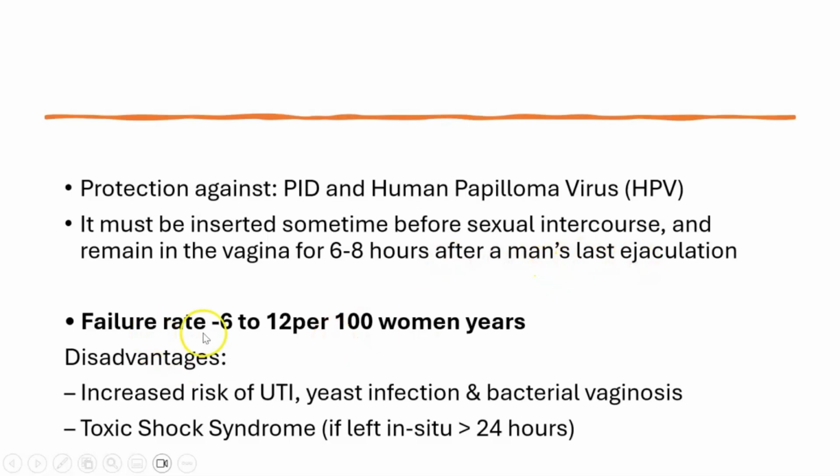Its failure rate ranges from 6 to 12 per 100 women years. The drawbacks include increased risk of urinary tract infection, yeast infection and bacterial vaginosis, and if left in situ for more than 24 hours, there is a risk of toxic shock syndrome.